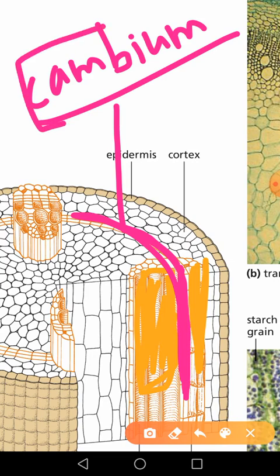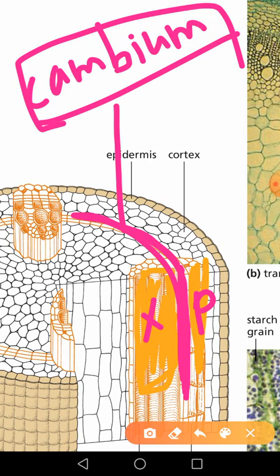Now what is the function of cambium? The xylem and the phloem are always busy transporting substances. When they are transporting various substances, sometimes their vessels or pipes are damaged and they start to malfunction, and sometimes they are also destroyed.